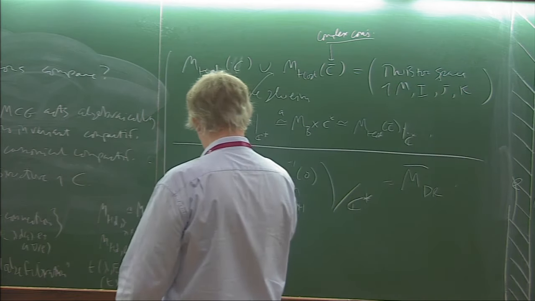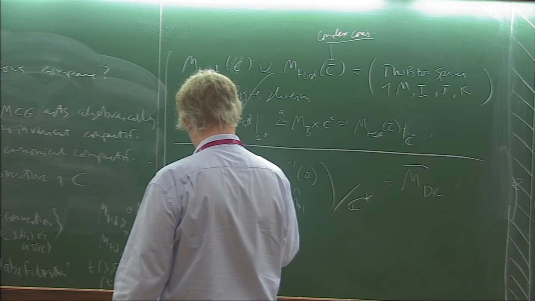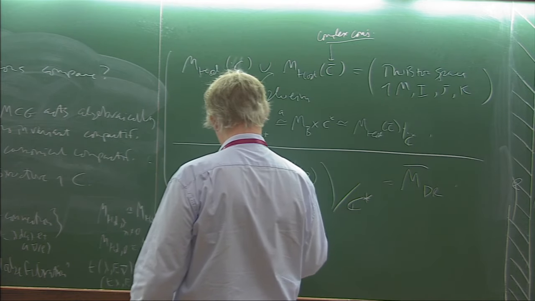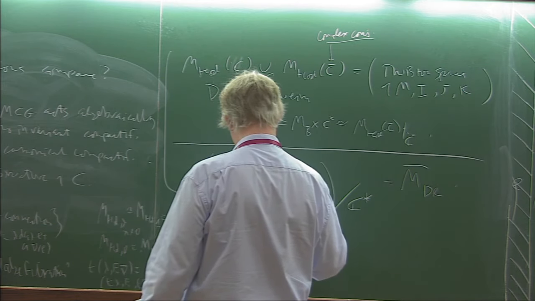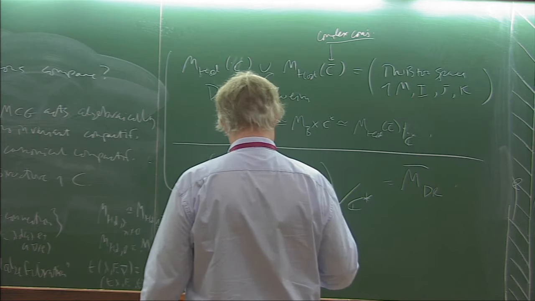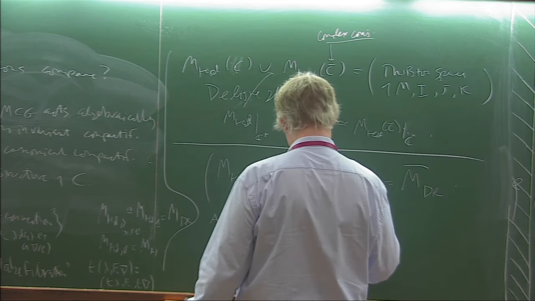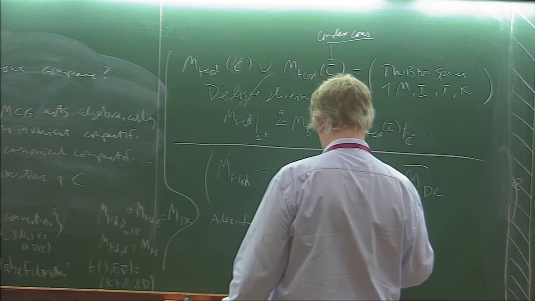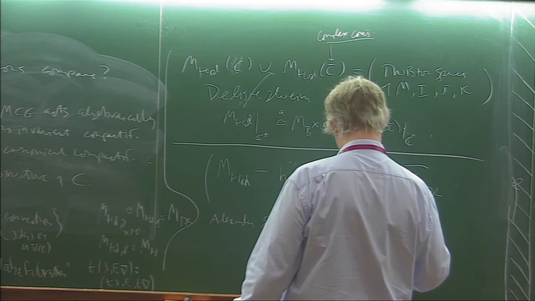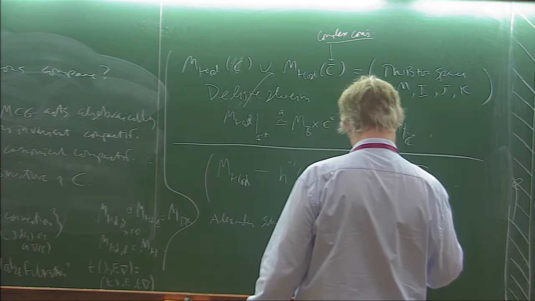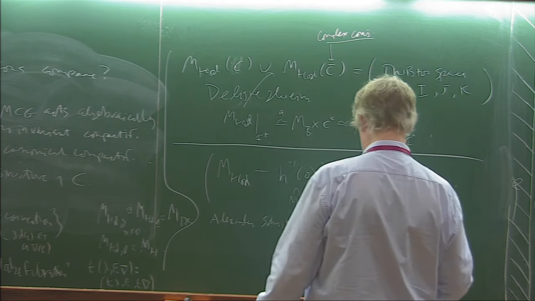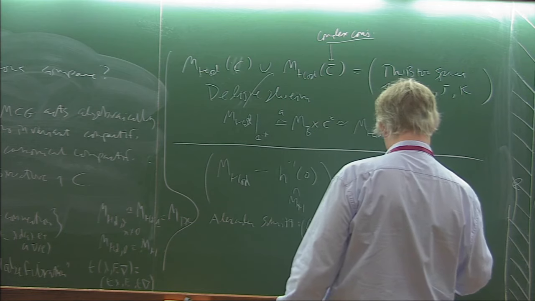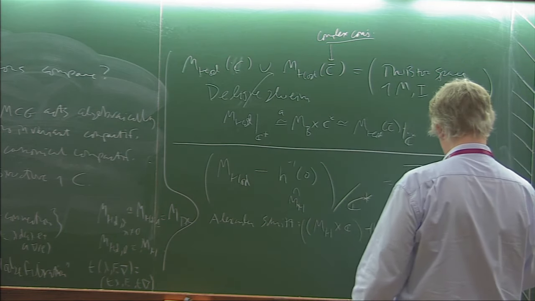And I think this is maybe Alexander Schmitt who did the same thing for Higgs bundles. If we take MH cross C minus H inverse of 0, comma 0, modulo C star, this is a compactification of MH.